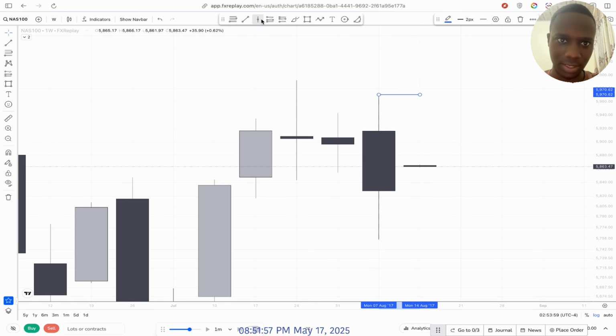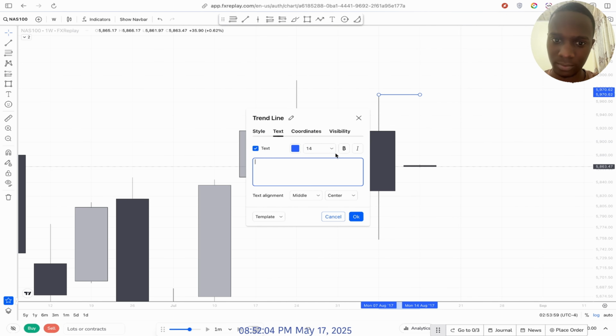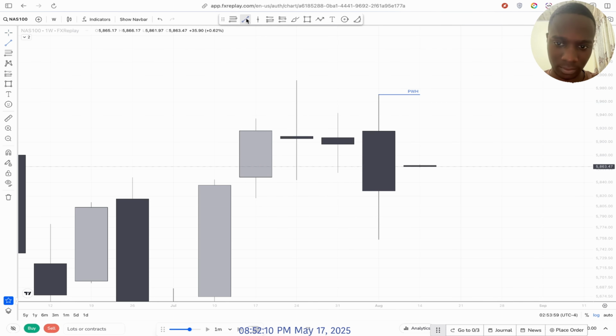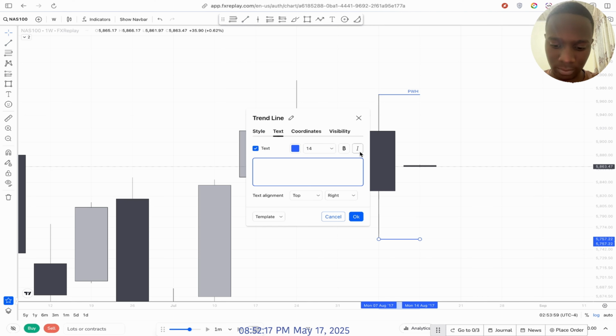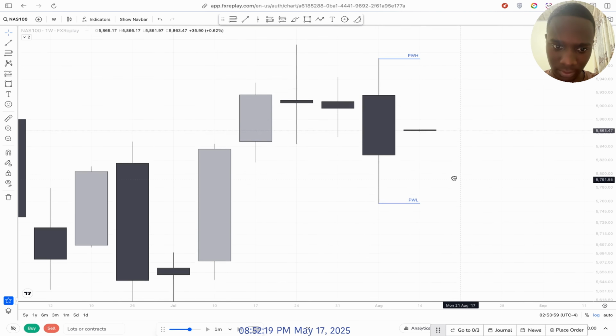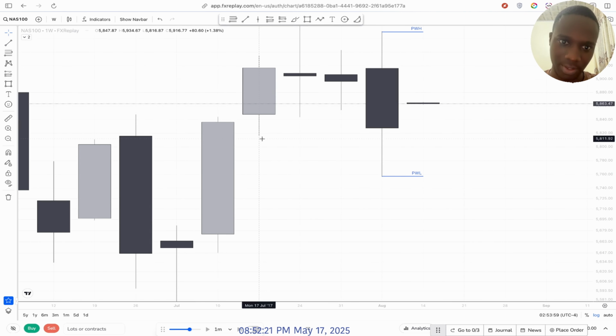Previous weekly high, previous weekly low, where this previous weekly low is in a fair value gap.